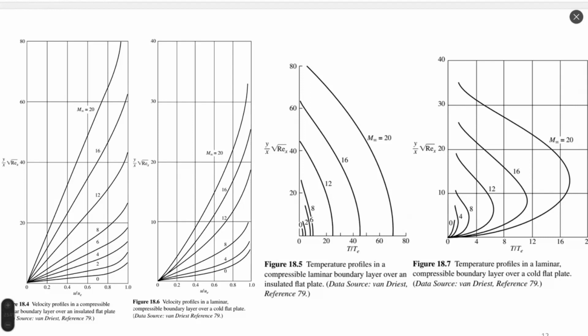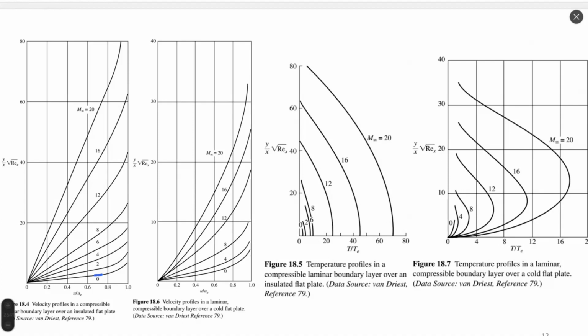Velocity boundary layer is figure 4 and 6 on the left side of this screen. You can see here profiles of the boundary layer. For a small value of Mach number, this is Mach 0, theoretically we see that the thickness of the boundary layer would be very small.